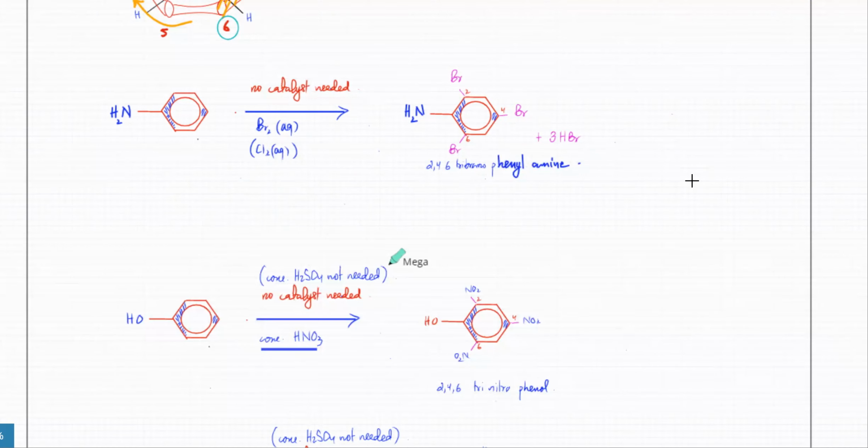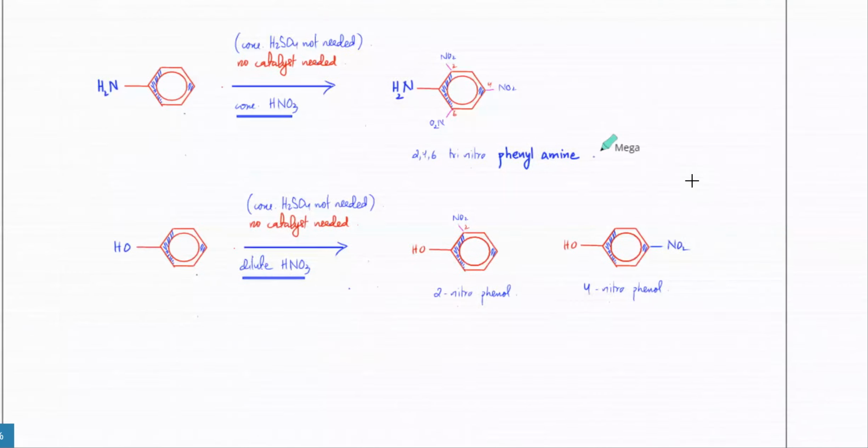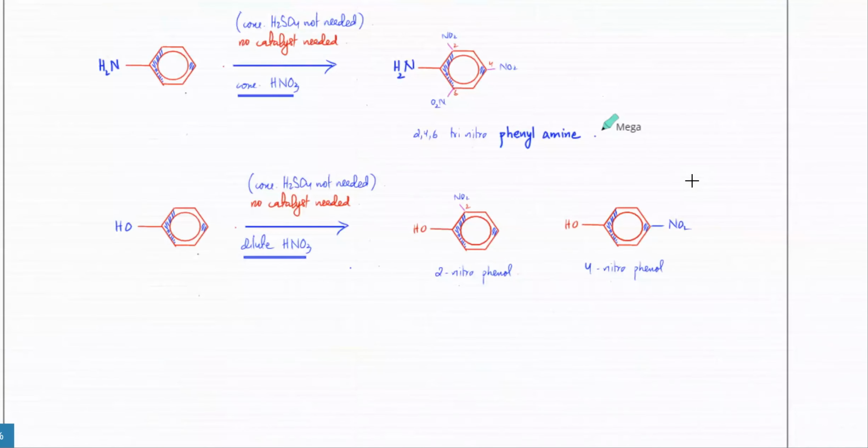The bottom one, I'm going to just change the OH and replace it with NH2. And this one with NH2. And the name of the molecule would be trinitro, but it's going to be not phenol, but phenylamine. So we've changed that, and this one as well.